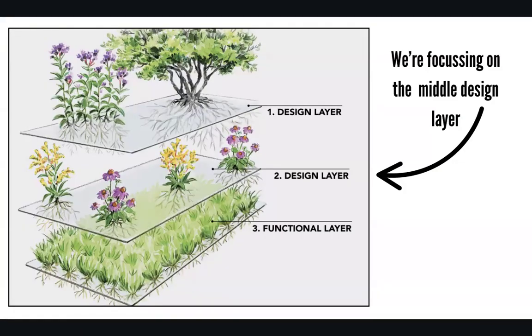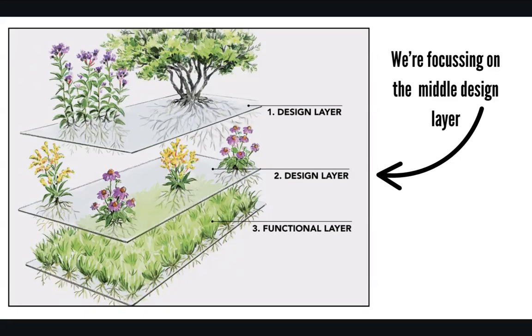We are only designing with the design layer because there's only so much we can do in a small garden. We will offer some advice, especially at the in-person training, about how you can get more of that functional layer in, and we will have optional plants for each kit that the homeowner themselves could add into the garden if they wanted. Most of those will be the functional layer.